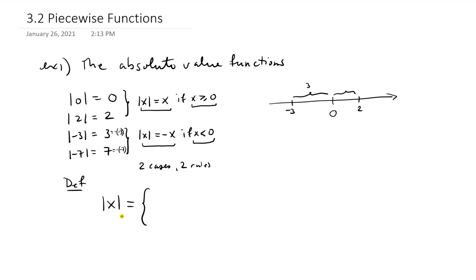The absolute value is x if x is non-negative, and the opposite of x if x is negative. And be careful, this is going to be a positive number, because if you take the negative of a negative, you get a positive. So in all cases, you get positive numbers. So we have two rules that apply depending on the case that we encounter.